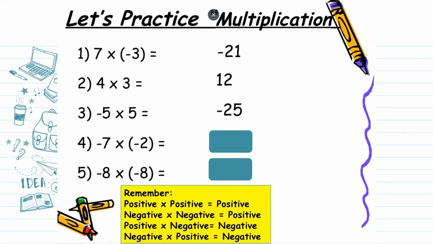Fourth example is negative 7 times negative 2. 7 times 2 is 14. They are both negative, therefore their answer will be positive 14. Because they have the same sign, their answer will be positive. As well as with the fifth example, negative 8 times negative 8, the answer will be positive 64.